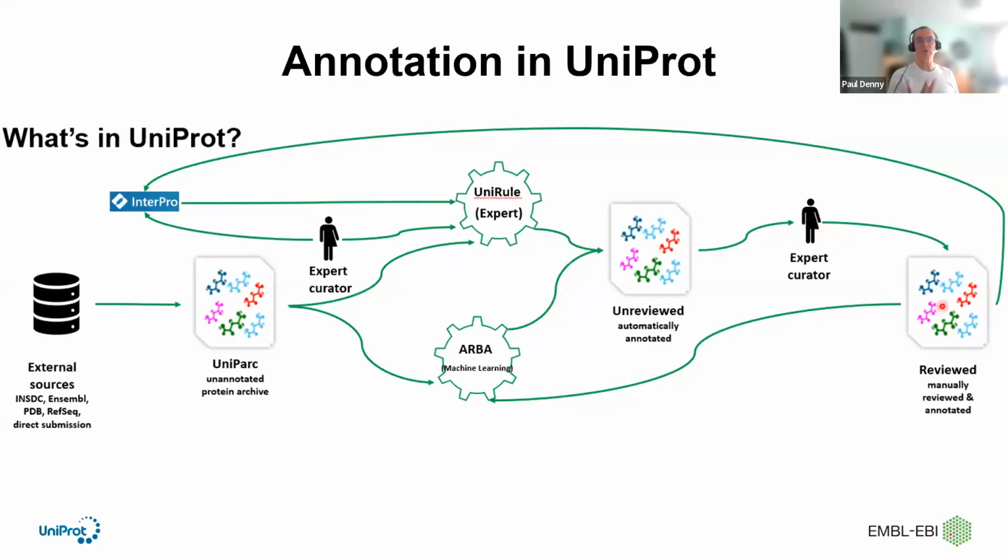And so that involves using the literature primarily to add functional information about proteins to those entries. And the great beauty of this is it's a kind of cyclic process. So these manually annotated and reviewed protein sequences are then fed back into a system run by one of the other teams at the EBI called InterPro.